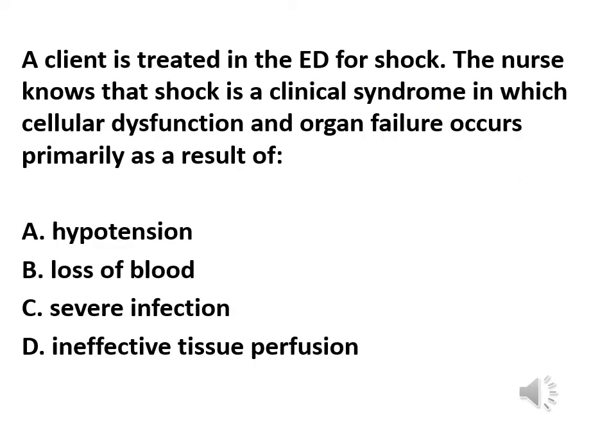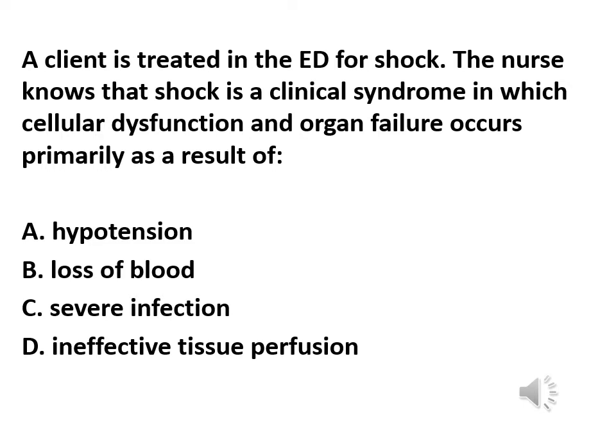I like to start my shock lecture with this question because it really drives home a foundational piece of information about shock. So a client is treated in the ED for shock. The nurse knows that shock is a clinical syndrome in which cellular dysfunction and organ failure occur primarily as a result of A. Hypotension, B. Loss of blood, C. Severe infection, and D. Ineffective tissue perfusion.